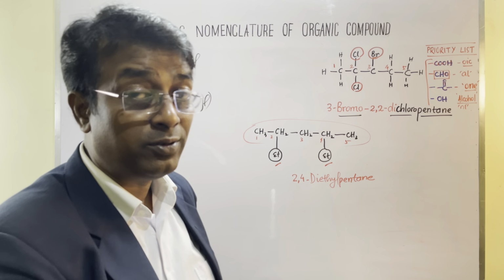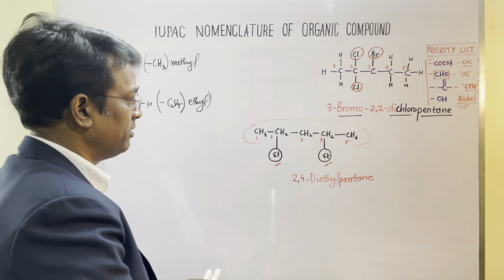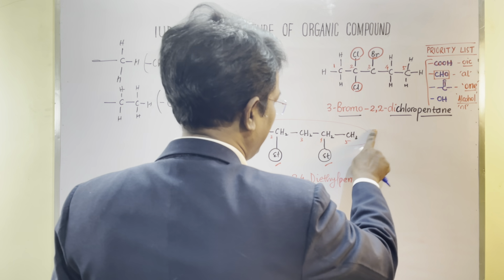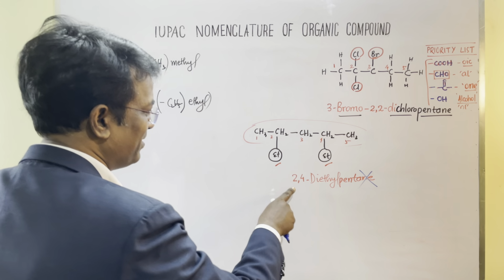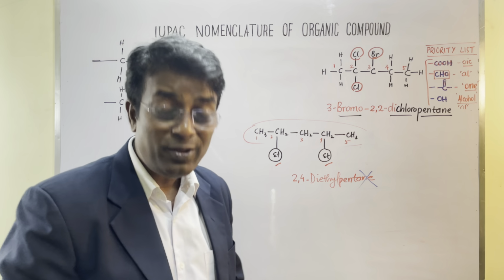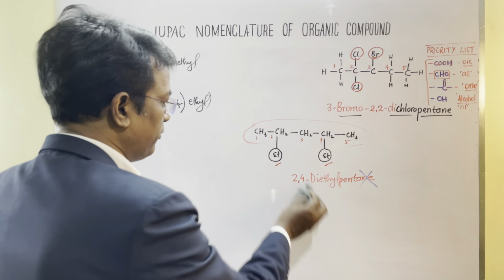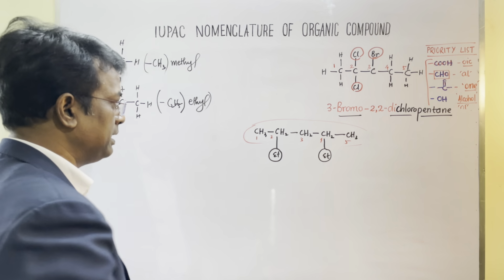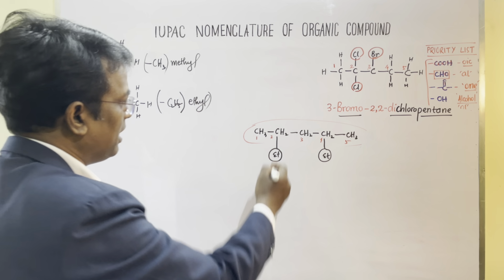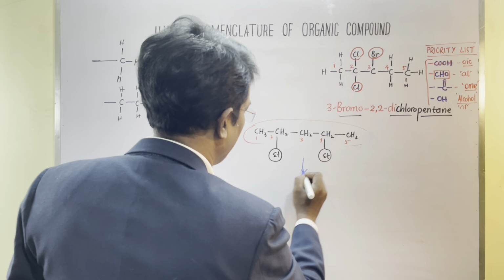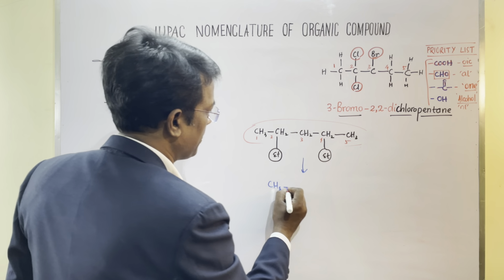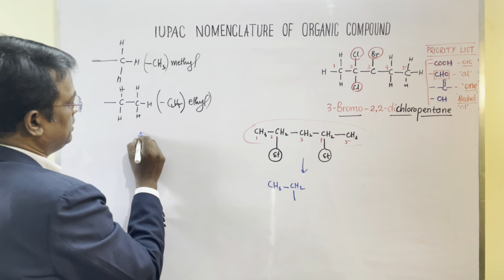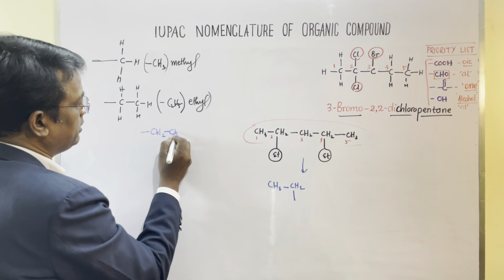Why? We have to look carefully here. This is wrong. This is right, actually the structure is right, but the naming is wrong. Now here we have to be a little careful. You have to see exactly, have we counted the longest chain here? Let's try. Now the ethyl, if I open it up, becomes CH3, CH2, ethyl we know, CH2 and CH3 we can write.